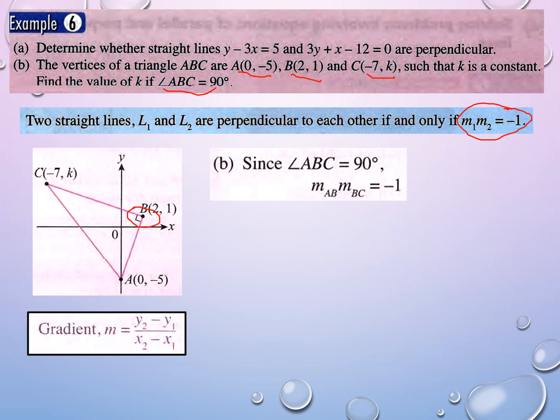Do you remember how to find gradient? This is the formula: m equals y2 minus y1 over x2 minus x1. This is the formula to find gradient. Do you have y2, y1, x2, x1? So you just use accordingly.